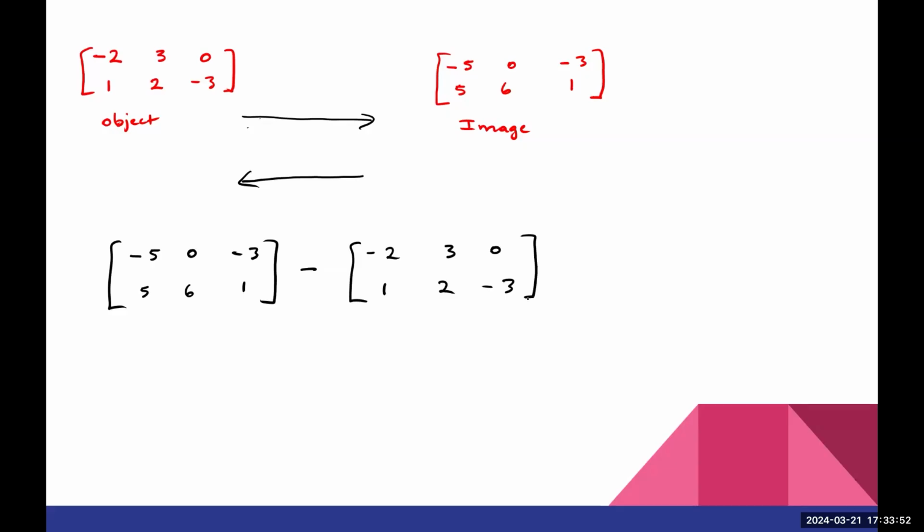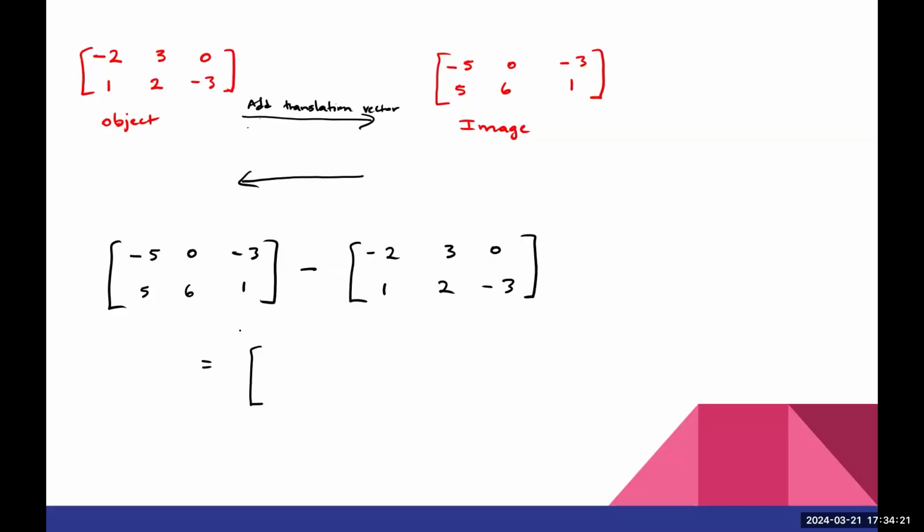So what do we get when we do this? It's -7, 3, -3, and 4, 4, -2.